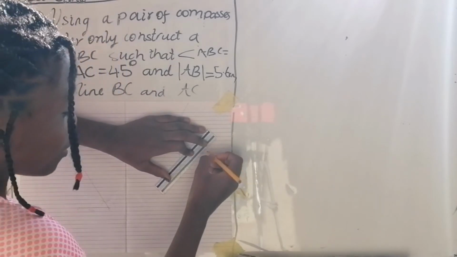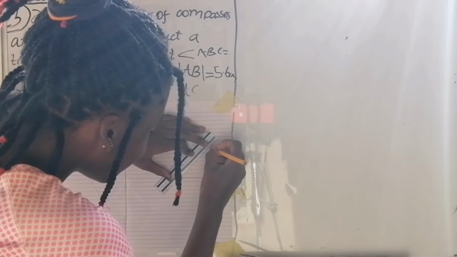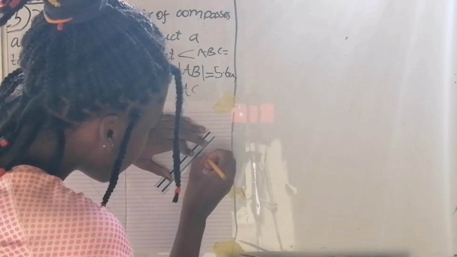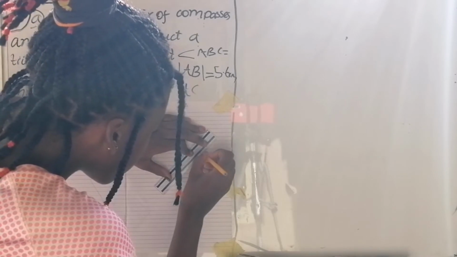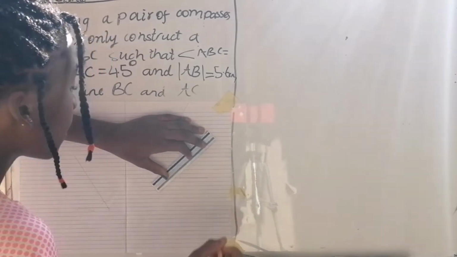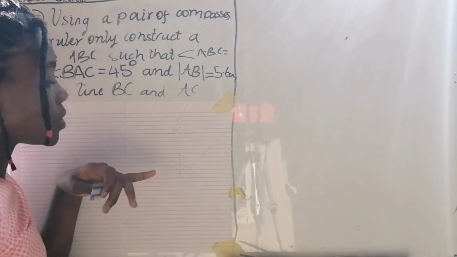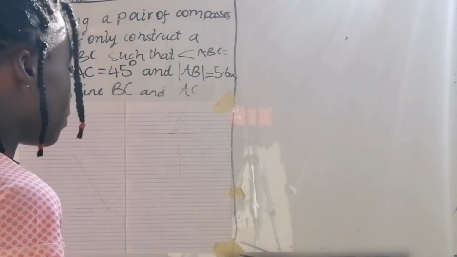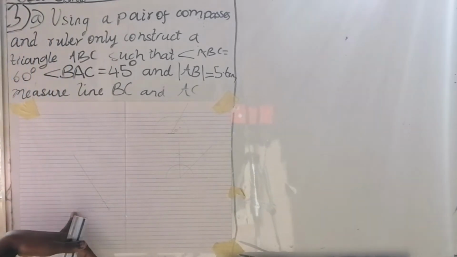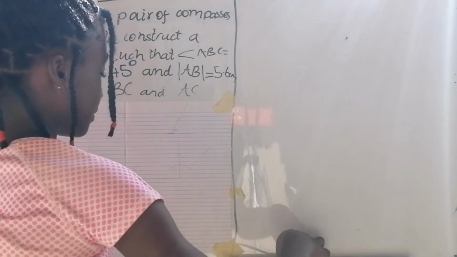I know it's a really long process, right? Good. So this part is 45 degrees and this part is also 45 degrees. Good. So now that I've done this, I have to construct 45 degrees here. Yes, we have to do that.